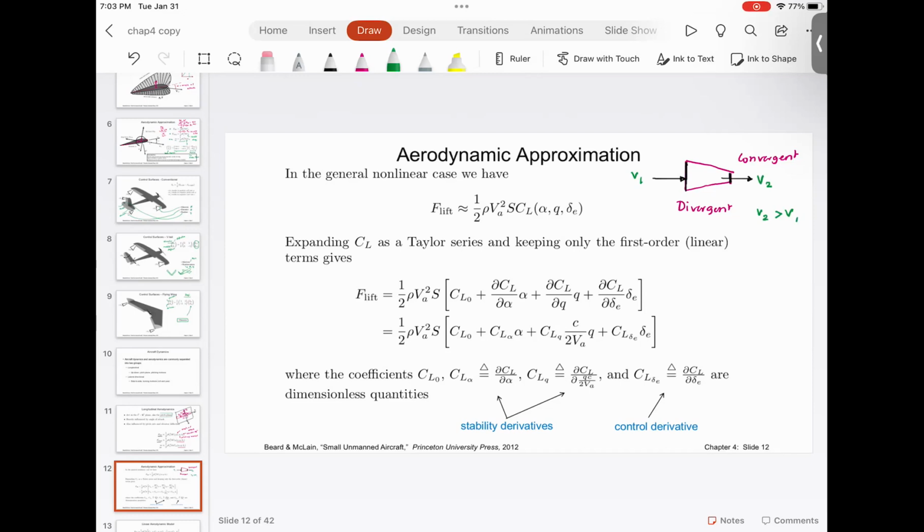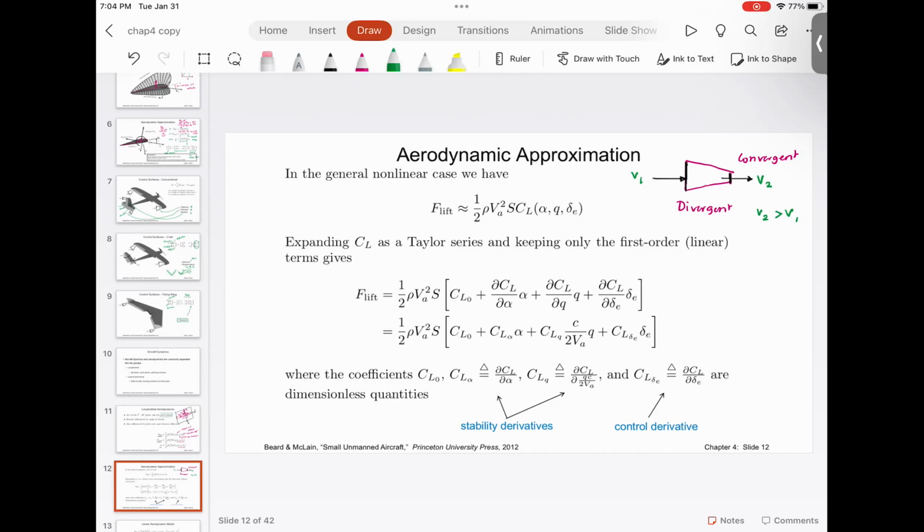You agree with me? Same mass is going, mass flow rate is same. Area multiplied by the velocity gives you volumetric flow rate, which is same because we are assuming density is approximately same. What that means is the exit velocity is greater than the inlet velocity.